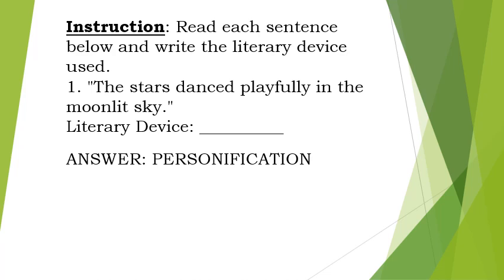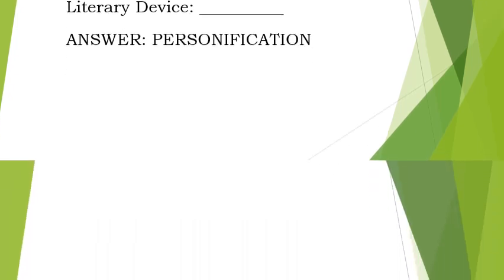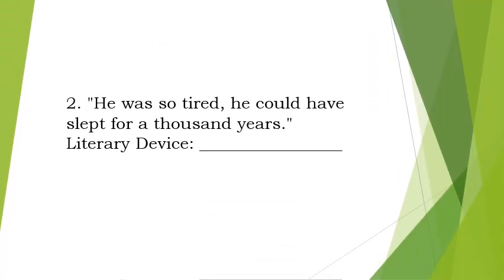All right, our answer is personification. Number 2, he was so tired he could have slept for 1,000 years. So what literary device is that? That is hyperbole. That is an exaggeration.